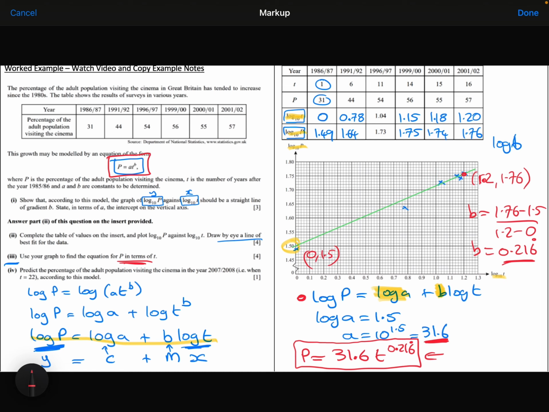So I'm going to substitute that into my calculator. 31.6 times 22 to the power of 0.216. So let's work that out. And we get 61.7%. And there we go.